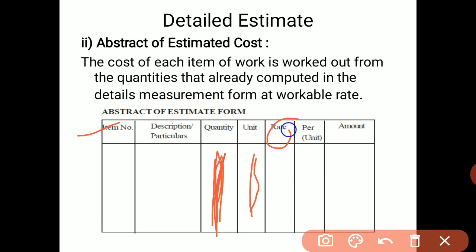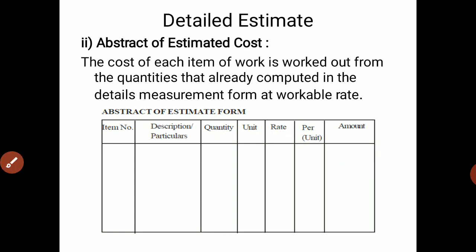Then the rate. From the abstract sheet we get the rate or cost of that particular item of work. So we multiply with the rate per unit, meaning per running meter, per square meter or per cubic meter. So quantity into rate will give the amount. So this is the abstract sheet.